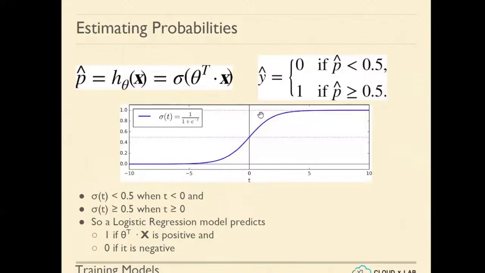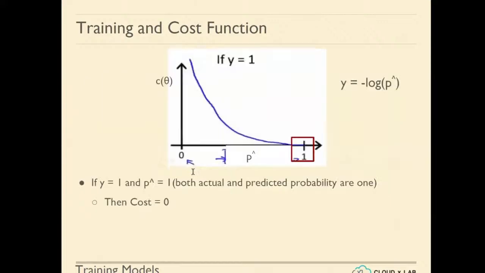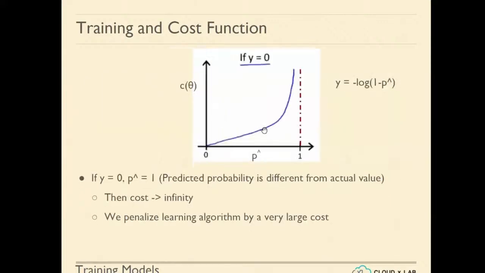The only difference is that for the positive class we will get a probability value greater than 0.5, and for the negative class we will get a probability value less than 0.5. So this is the shape of y equal to minus log 1 minus p hat. This is the shape of this function.